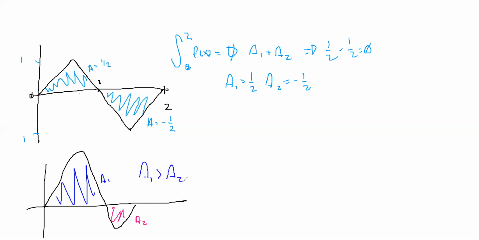And A2 is negative. So we know that the addition of A1 plus A2 is going to be positive, because A1 is positive and A2 is negative, and A2 is smaller than A1. So here we have some sort of positive integral.